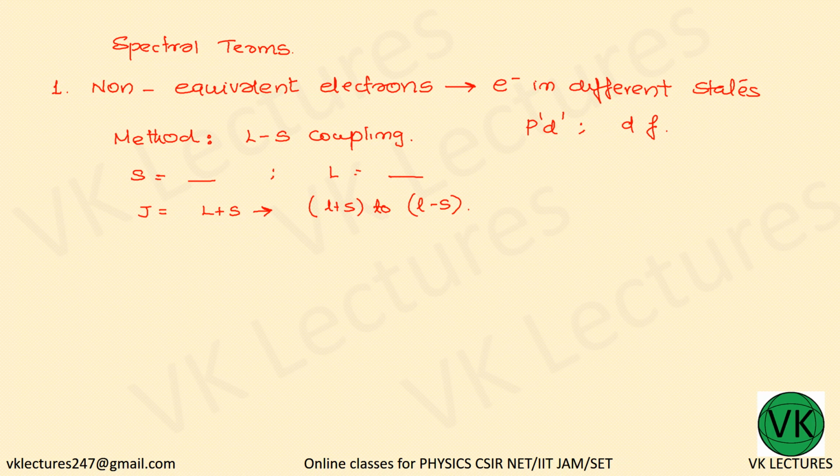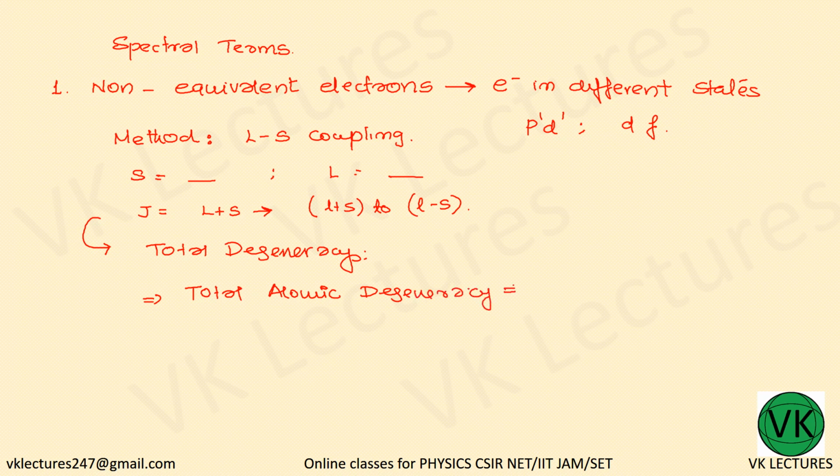Through this LS coupling, we have also seen that we can find the total degeneracy. The total atomic degeneracy is given by the sum over J, taking all the J values into consideration, of 2J plus 1.